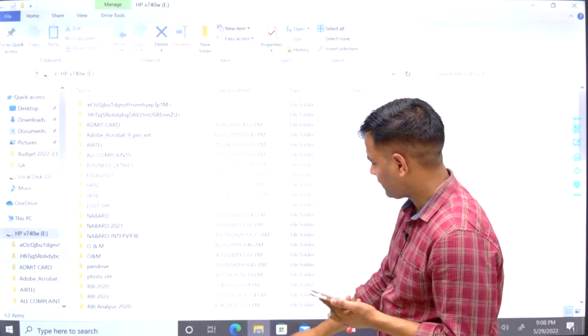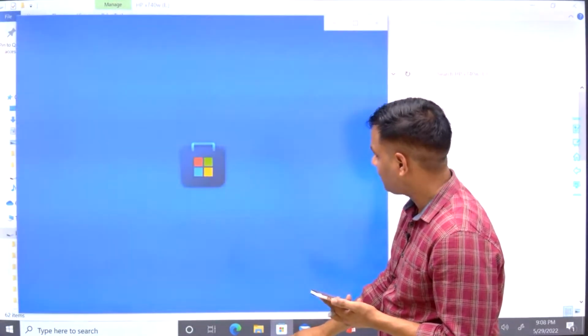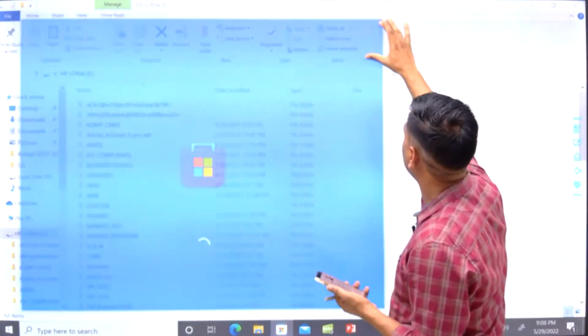I want to set the screen resolution because it is causing problems.